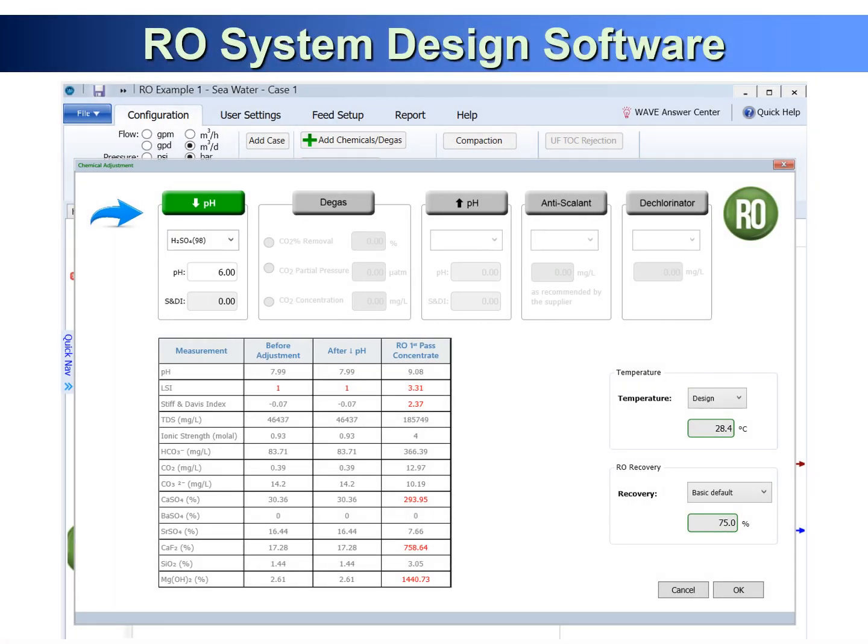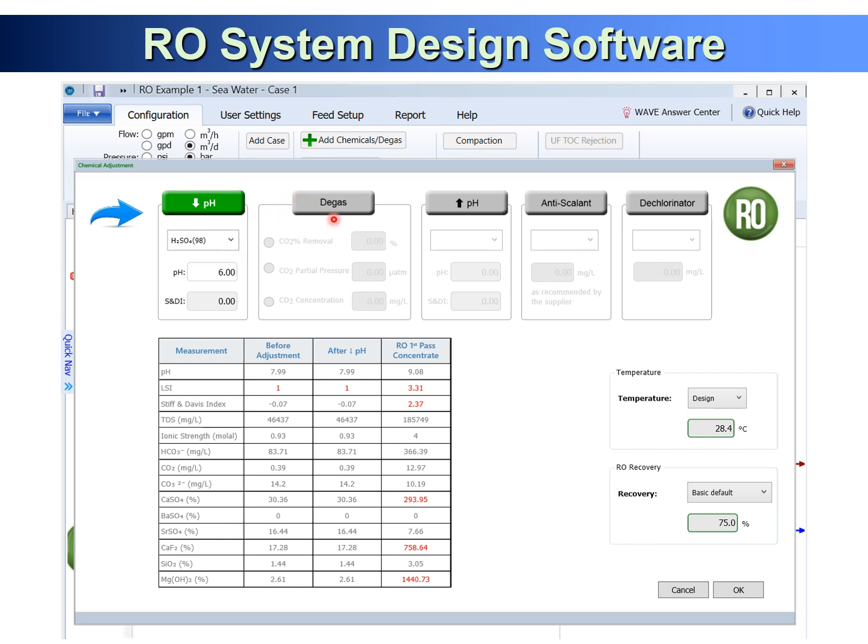Okay, before you click the summary report, let's look at our chemical information. If you click chemical, you can change your water chemistry. As I mentioned, pH 8 is the original seawater pH, but we add hydrogen sulfide and can lower the pH to 6, which will reduce our overall inorganic scaling.